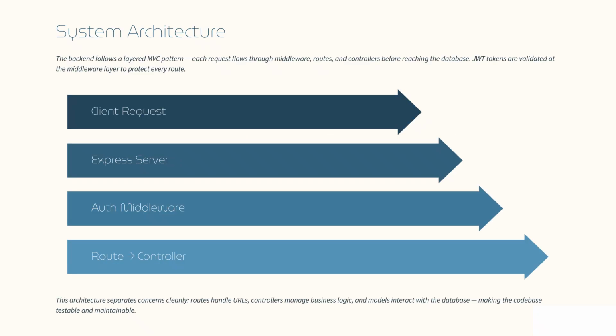System architecture. This slide shows the system architecture of the project. The client sends a request to the Express server. The request passes through routes and middleware, especially JWT middleware, before reaching controllers.